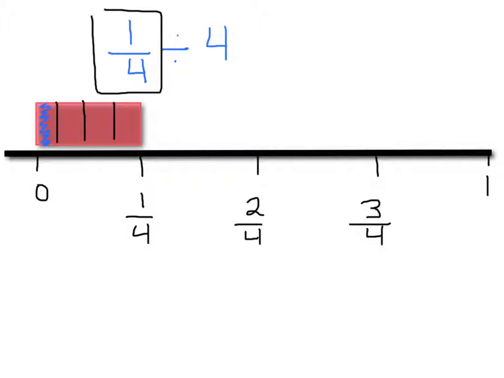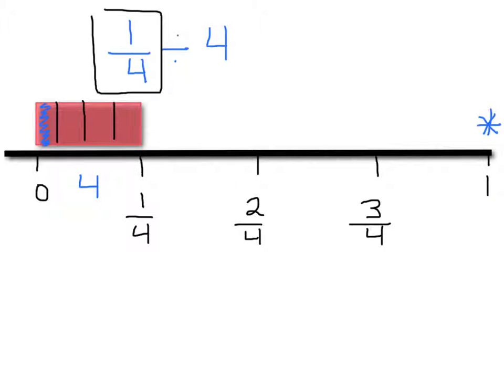We might be tempted to say 1/4 because we broke the red box into fourths. However, that doesn't get us all the way down over here to our whole. That's a little piece out of this big whole. So between 0 and 1/4, if we count, we have 4 pieces here.